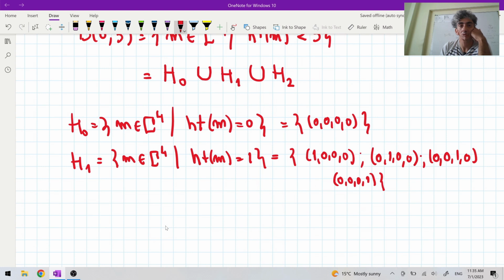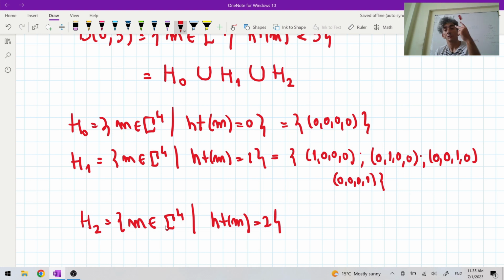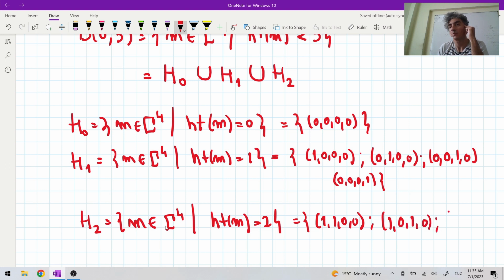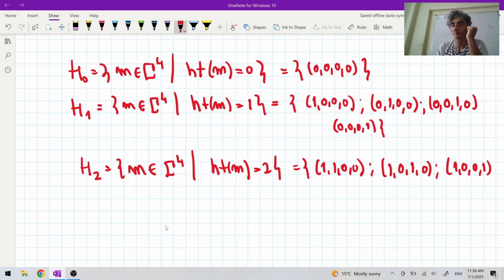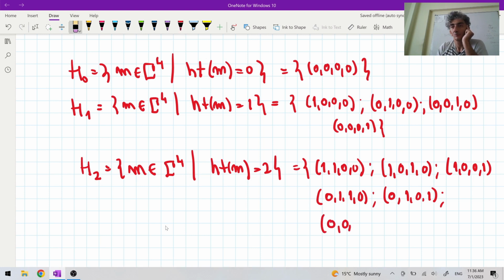And what about those of height 2? It consists of the vectors of sigma to the 4th which have height 2. That is, they have only 2 spots in which they have entries different from 0. So we have a priori this one over here, and then this one, and then finally this one over here.